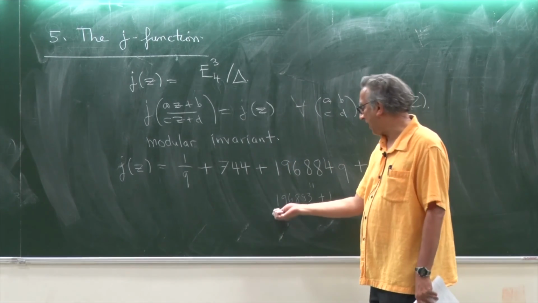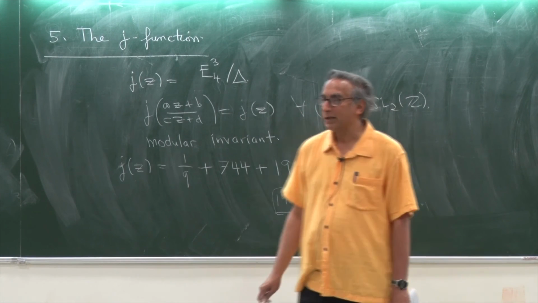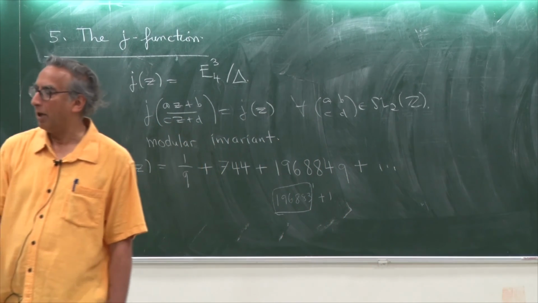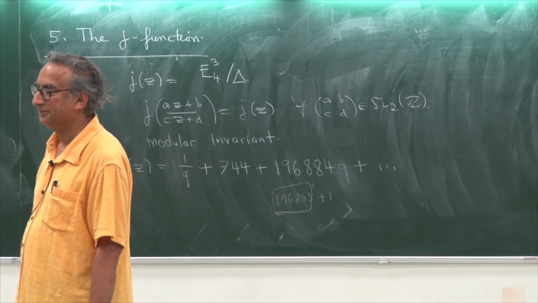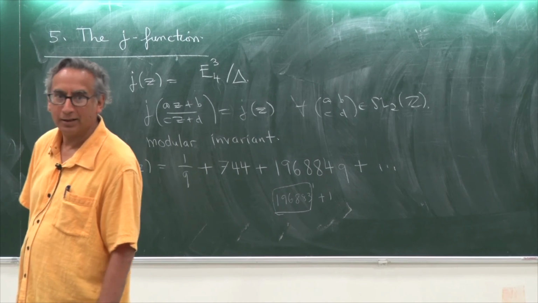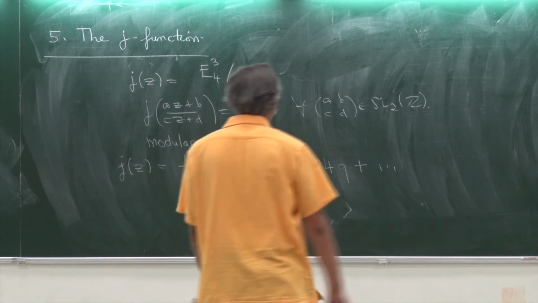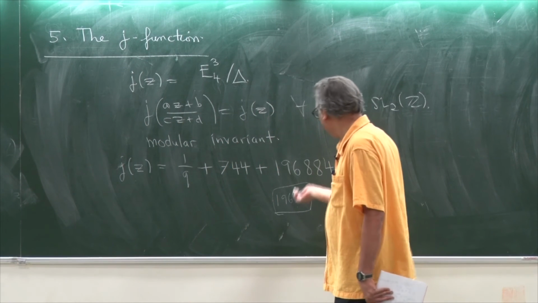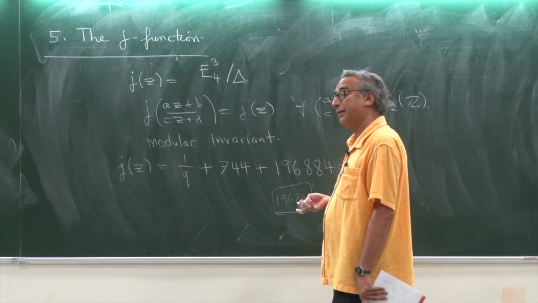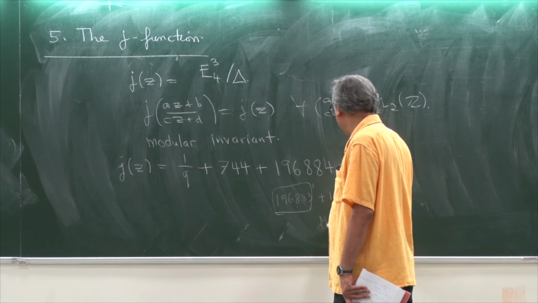Okay? Now that's not the observation he made. The observation he made was that this number is the degree of the smallest irreducible representation of the monster group. So he thought there must be some coincidence. It's not just a fluke. There must be some theoretical reason. It's not a coincidence that this is the case. And by golly, he was right. And so this is what has led to what's called moonshine.